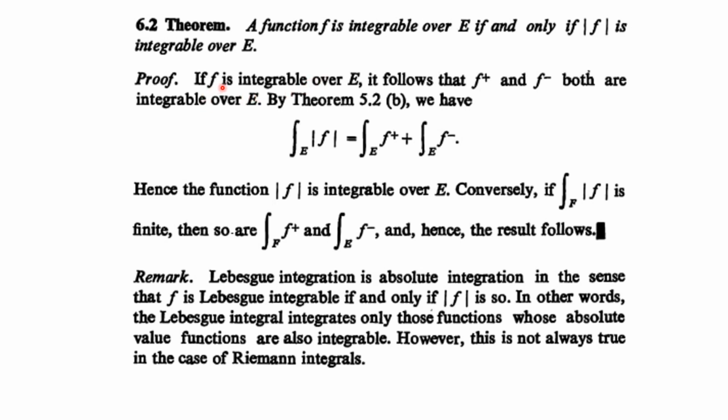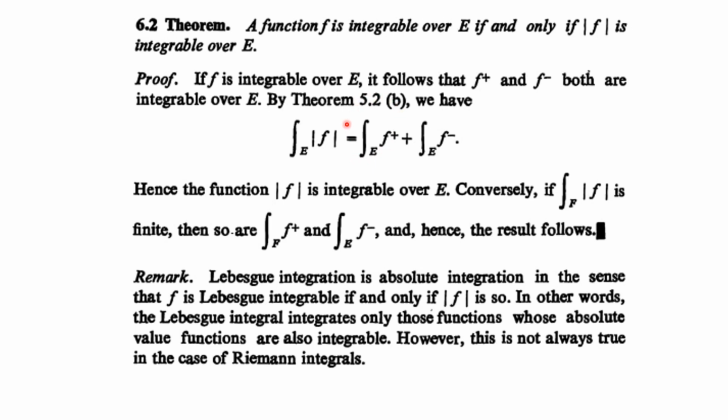Now what is given to us? f is integrable over E. Then clearly both the positive and the negative parts are integrable over E, right? So it means the integral of f is the integral of f positive minus the integral of f negative. Both these are measurable. And what is the value of the integral of mod of f? It is the sum of these two.